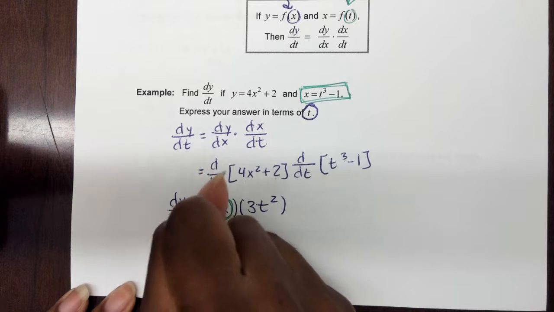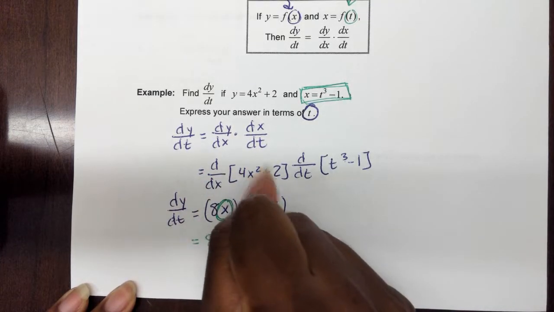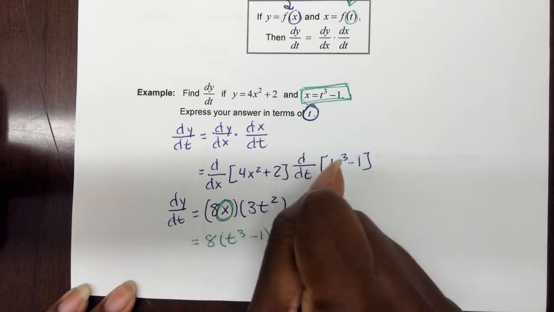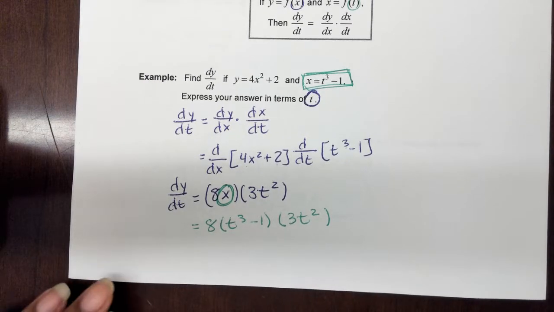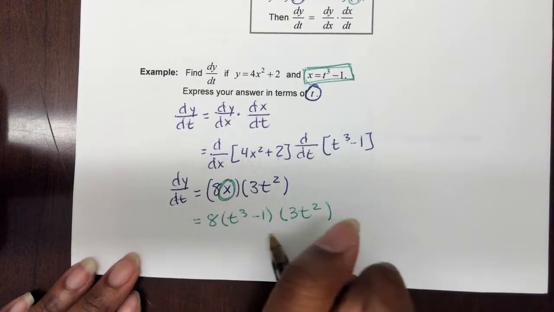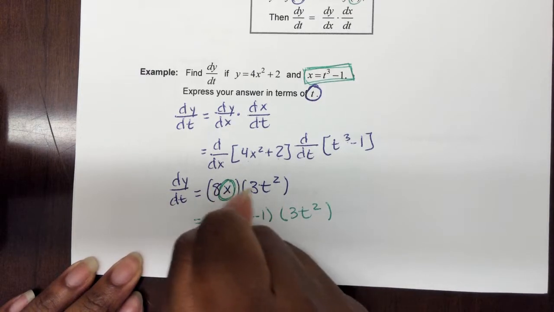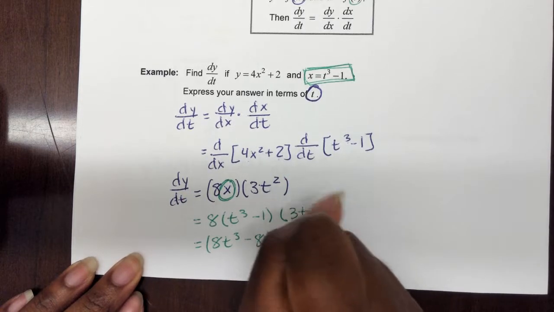So we have 8 times (t cubed minus 1) times 3t squared. So when we multiply that, we get 8t cubed minus 8 times 3t squared.